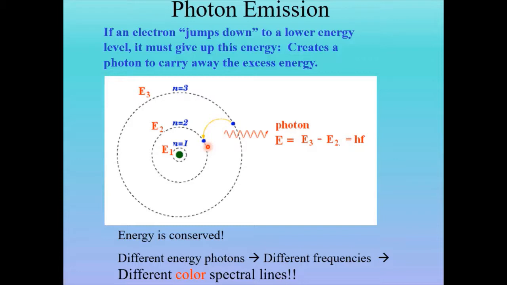This energy can't just vanish. So how does the electron do this? Well, this is the real beauty and magic of Bohr's model. This is how photons are created. A photon of light is emitted by the atom to remove the excess energy.